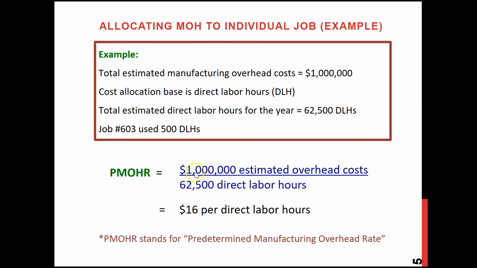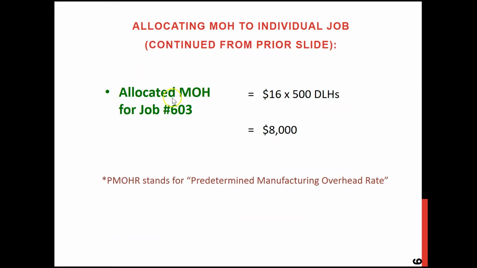In this example, we know our total estimated overhead costs and total direct labor hours. This is how you got your predetermined overhead rate. For job 603, their labor force actually worked for 500 hours. That's your rate per hour, and you multiply these two to figure out your allocated manufacturing overhead cost.